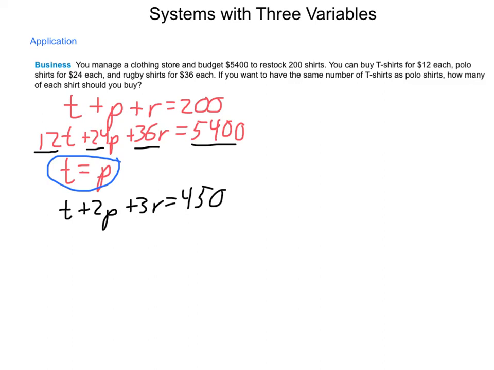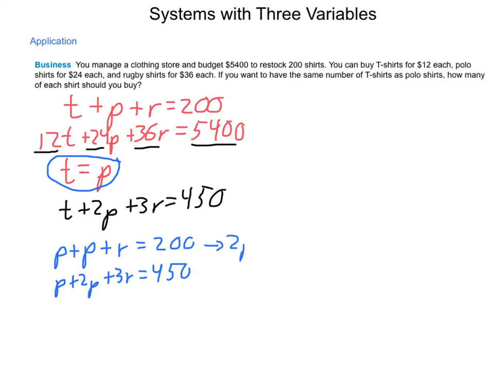So what we end up with is P plus R is 200, and then P plus 2P plus 3R is 450. Simplifying these out, we come up with 2P plus R is 200, and 3P plus 3R is 450.